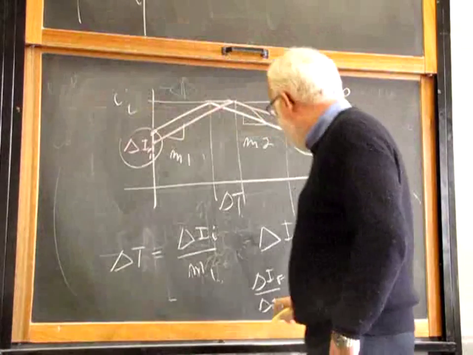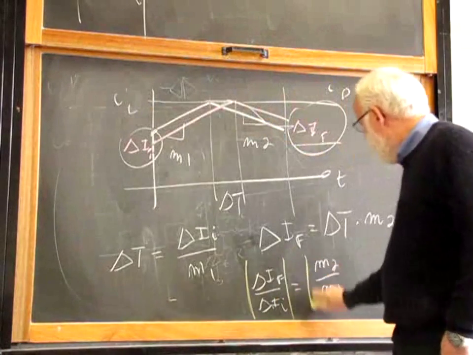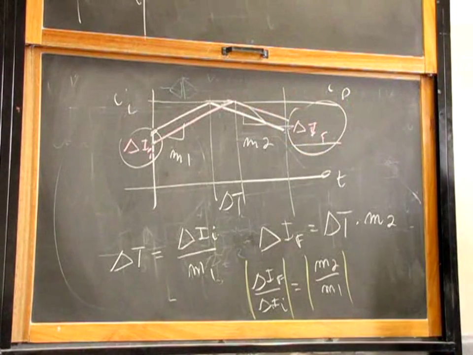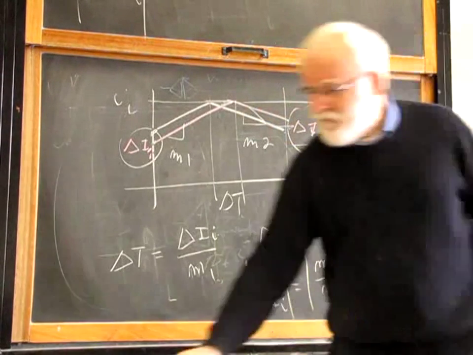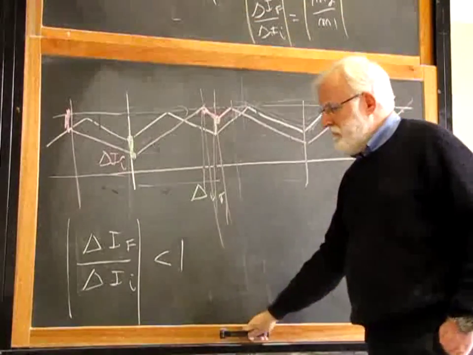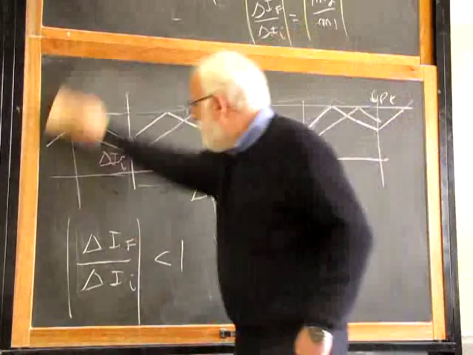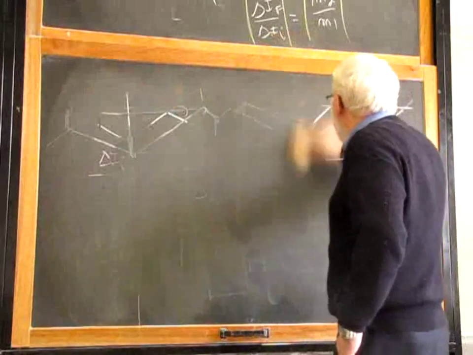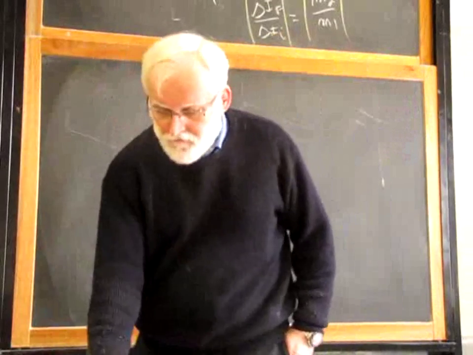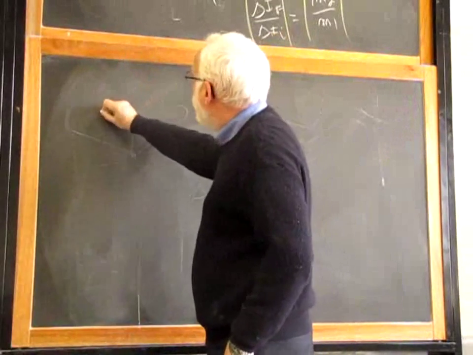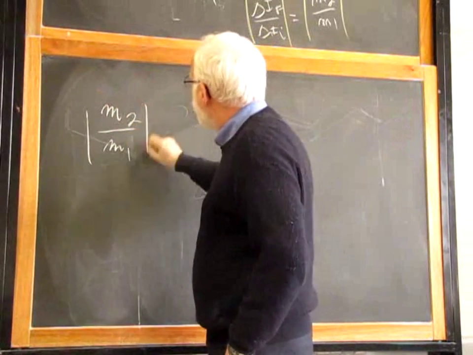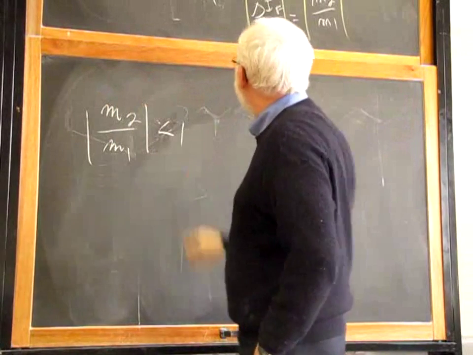Or if you want to get rid of this stuff, you just put it. So you have M2 over M1, absolute value must be less than 1.